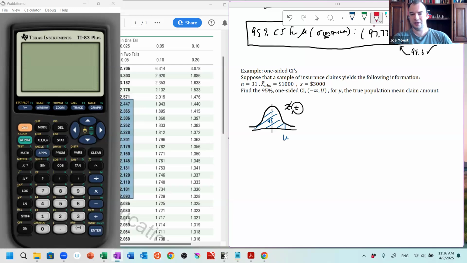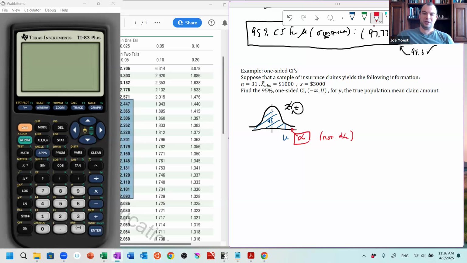Really, the only thing materially that changes is I put my entire alpha in one tail, not alpha over two, because a one-sided confidence interval only has one tail where I can make an error. I can only make an error if I set the upper bound too low and it happens to be below mu.